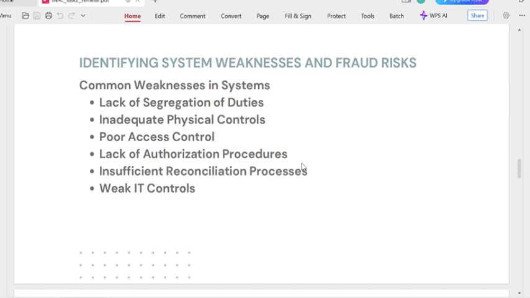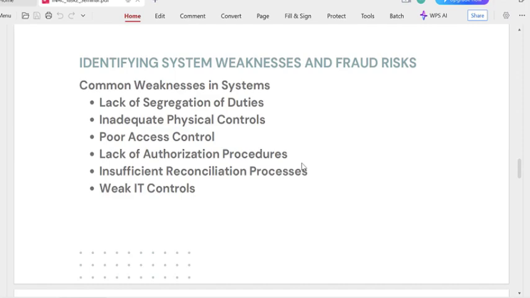For example, you can say that any expense below 500 can be made by the junior accountant. But if the expense exceeds that amount, it should be authorized by the manager. And if it exceeds 1,000, it should be authorized by the financial controller. It depends on the type of organization, and the tiers can differ from company to company. But yes, you need to have an authorization procedure.